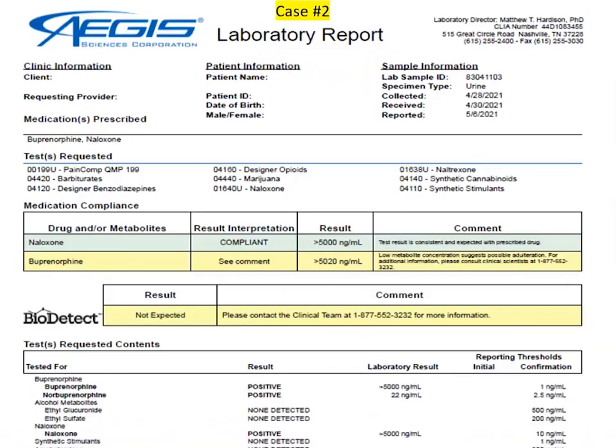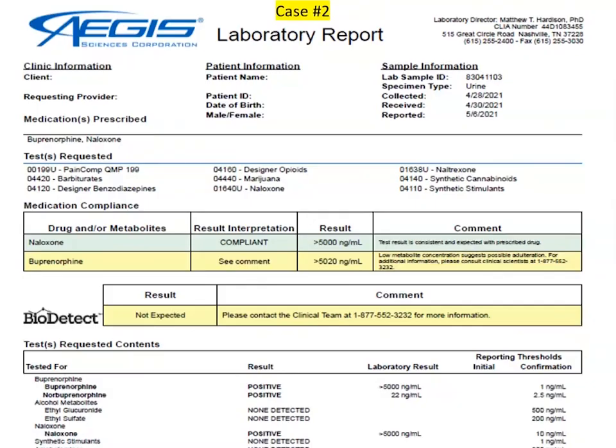So our second example case is a Suboxone type product here, where we have high amounts of both naloxone and buprenorphine. But if we focus just on the buprenorphine here, we see that it's greater than 5,020 nanograms per milliliter. And again, it has the same comment about low metabolite concentration based off the ratio of parent to metabolite.